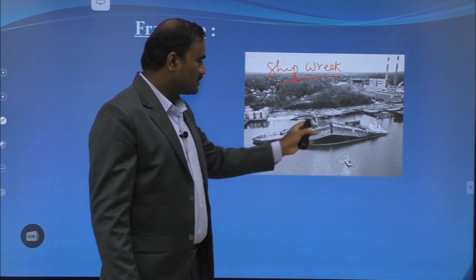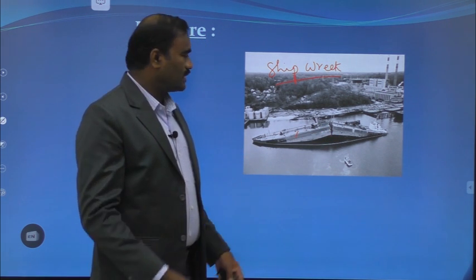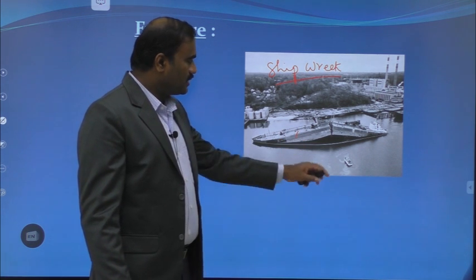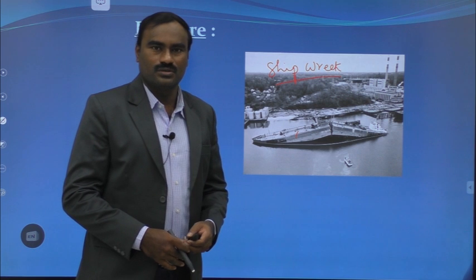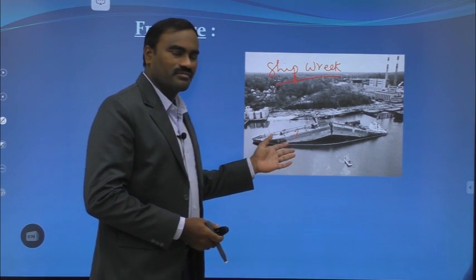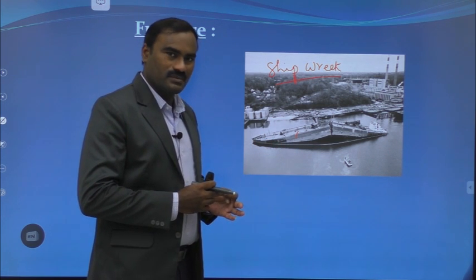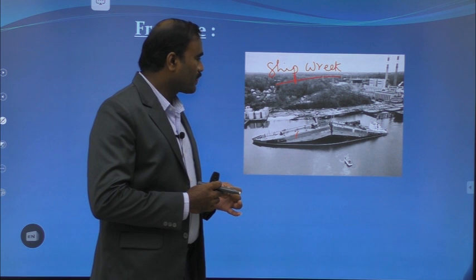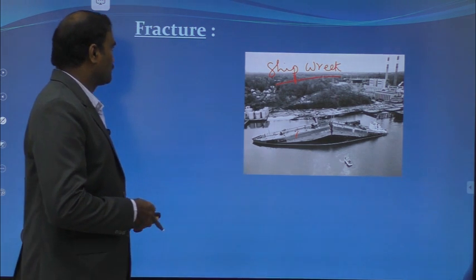If there is some material being transported by the ship, it might fall into the water and be lost. Because of the failure we have this kind of losses. Resources will be lost, human lives will be lost, and at the same time there is a huge economic loss also.